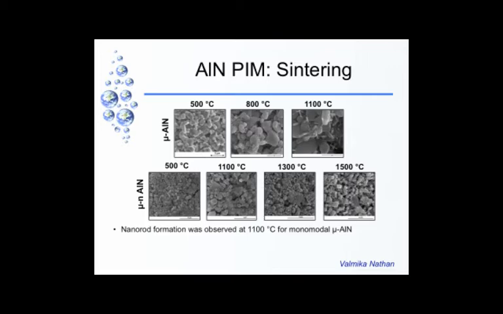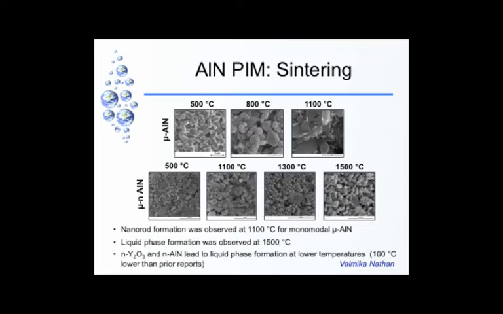Either that, or a lot of aluminum nitride in the nanoscale begins to dissolve easily into the liquid, and so maybe some of that nanorod formation is suppressed. But the main thing was liquid phase was forming at a temperature that was about 100 degrees lower than what anyone has reported earlier. So we could see it at 1500, and maybe it occurs a little bit earlier, and that's some thermal analysis that we have to do to find that out.